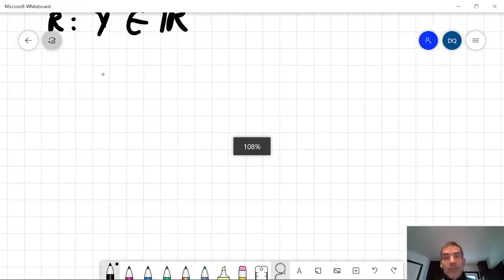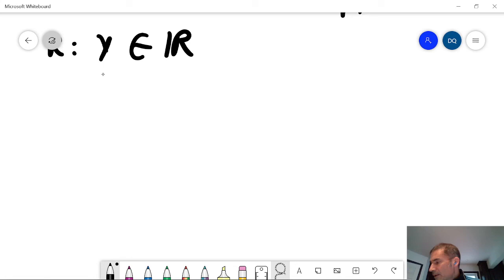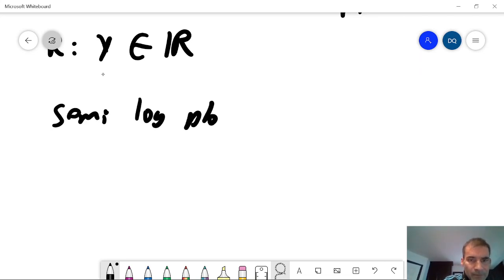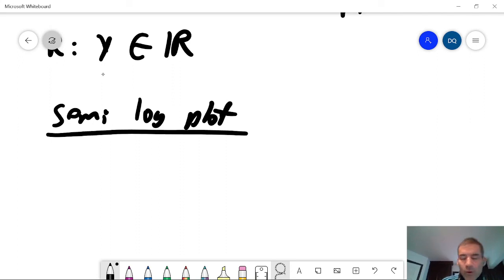Finally, what are uses of logs? So uses of logs are, you can do a semi-log plot, and I'll do an entire video on that. The whole point of a semi-log plot is to take a set of data that is greatly varied and condense it down so that numbers can be compared to one another.